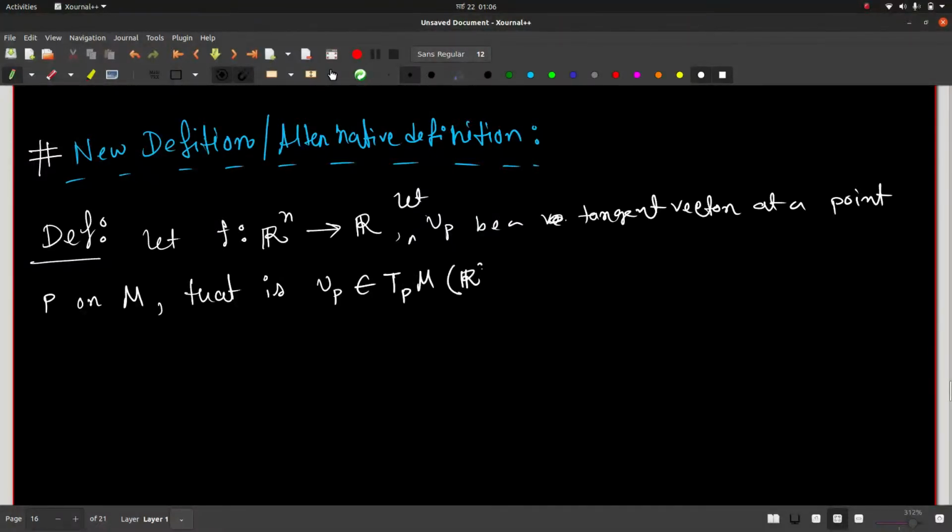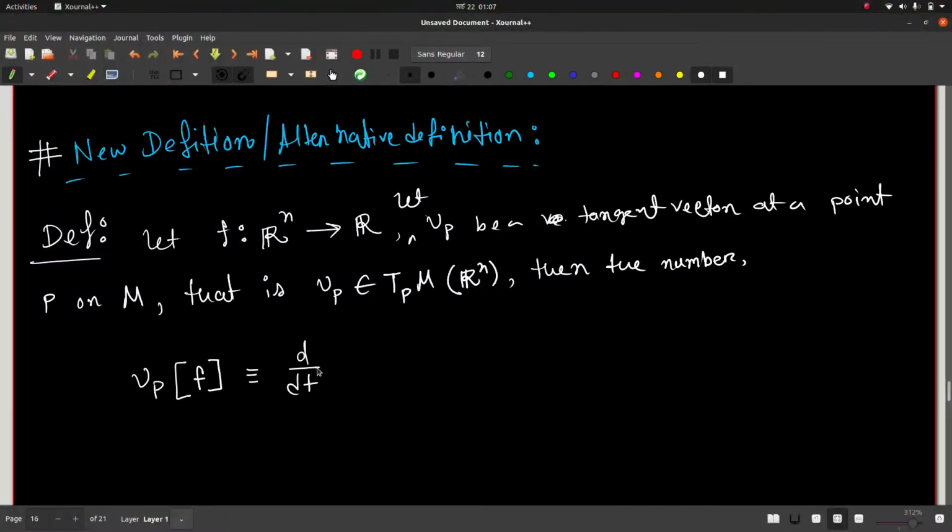You can also specify the dimension by writing R to the power n in the bracket. If this is true, then the number which is defined as Vp acting on the function f is defined as this. This number is our directional derivative.